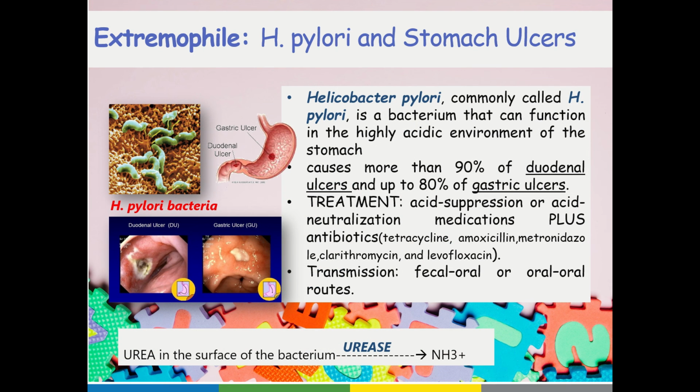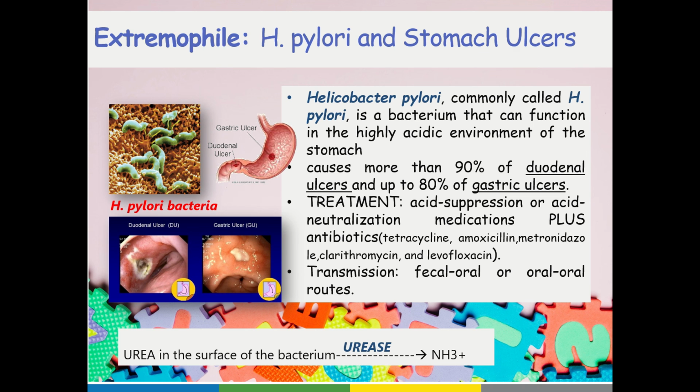The best example of an extremophile that can actually live in the human is H. pylori, which you can see in stomach ulcers. Helicobacter pylori, also known as H. pylori, is a bacteria that can grow in the very acidic environment of the stomach.